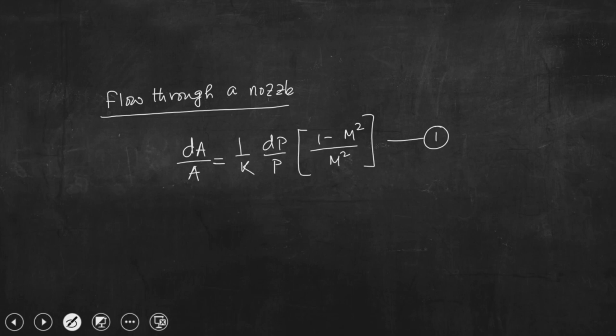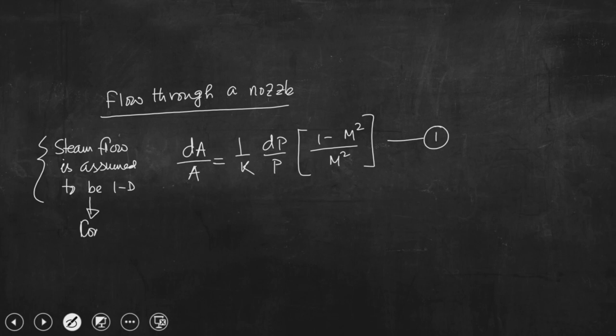This k is basically the index of expansion for the isentropic process that we have mentioned, and we assume that the steam flow is one dimensional, compressible fluid flow through a nozzle.